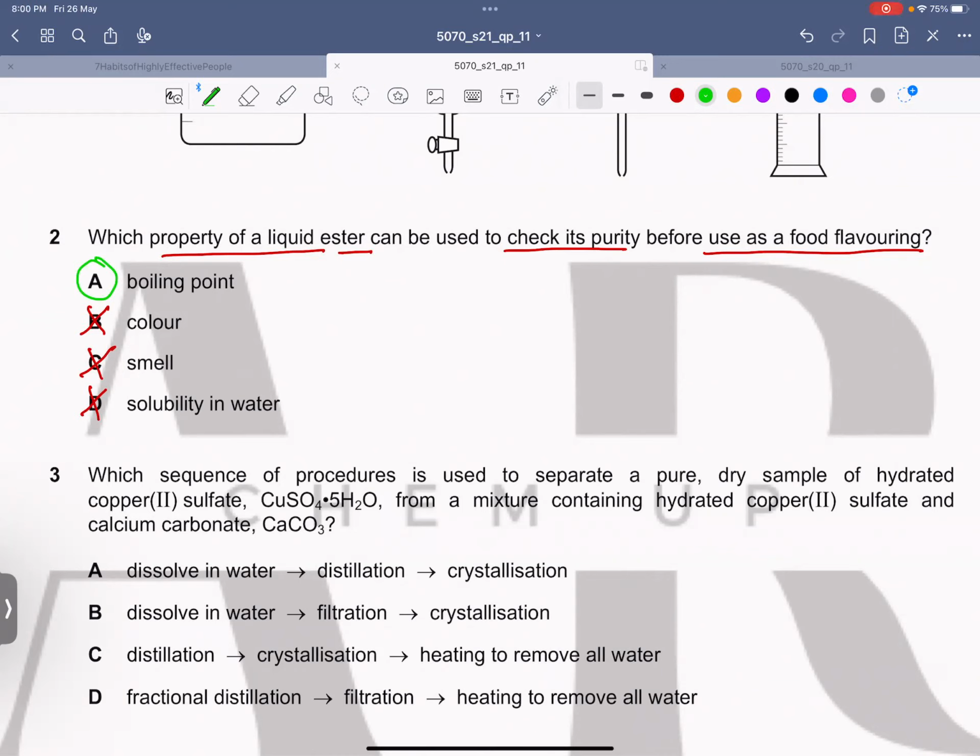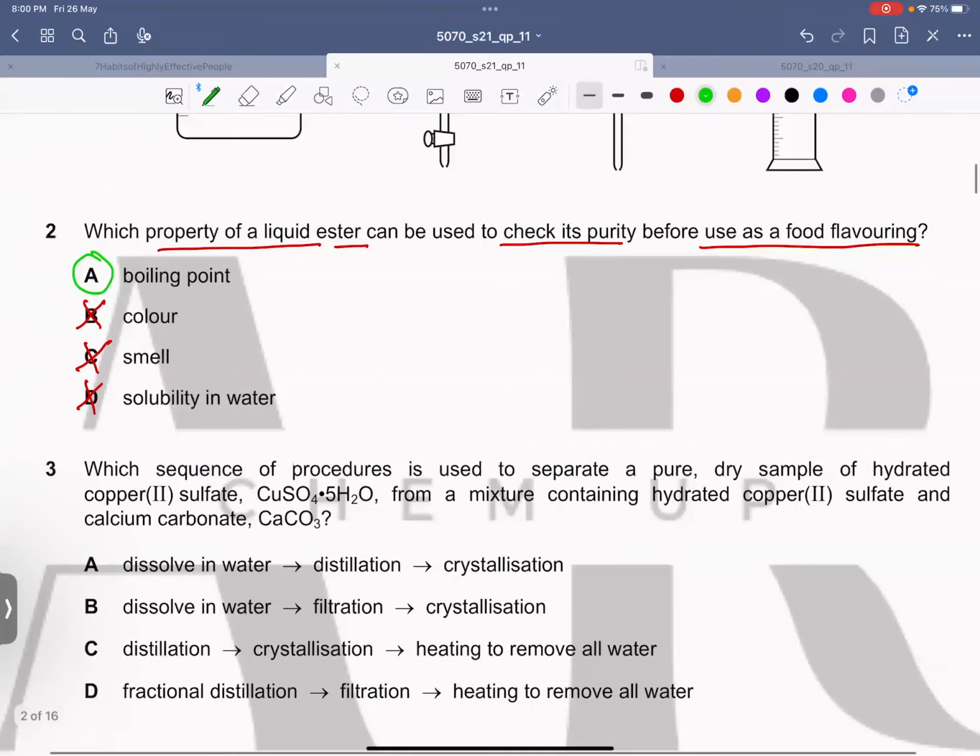Remember, whenever you have to check the impurity of a liquid, you will check by its boiling point. If it's a pure substance, then its boiling point would be sharp and at an exact single temperature, and there is no change in temperature during the boiling. And if there is an impurity, then boiling takes place over a range of temperature. It's not sharp.